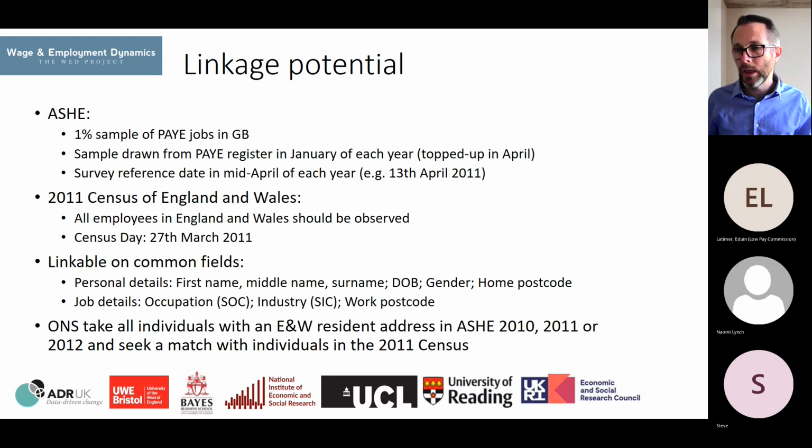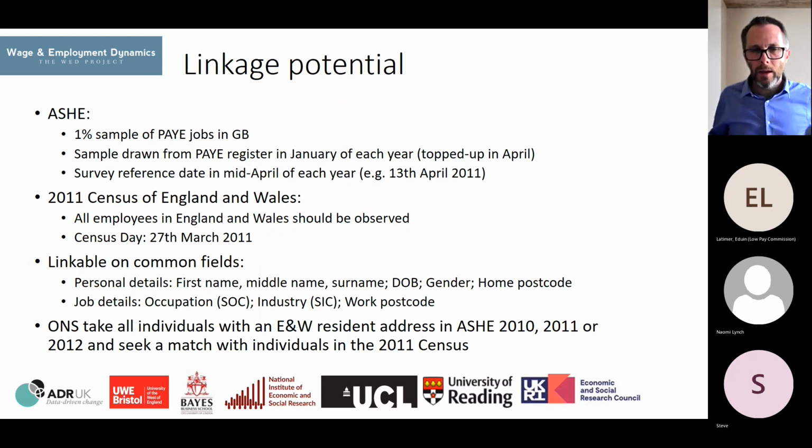There may be individuals who just don't appear in ASHE 2011, either because they weren't in work on the 13th of April, or maybe they were in work, but their employer didn't respond to ASHE in that year. Those individuals might be in 2010 or 2012 ASHE, so they've just broadened their view. Any unique individual who appears across those 3 years of ASHE is taken as the starting sample for the linking process, and ONS have sought to find those people in the 2011 census.